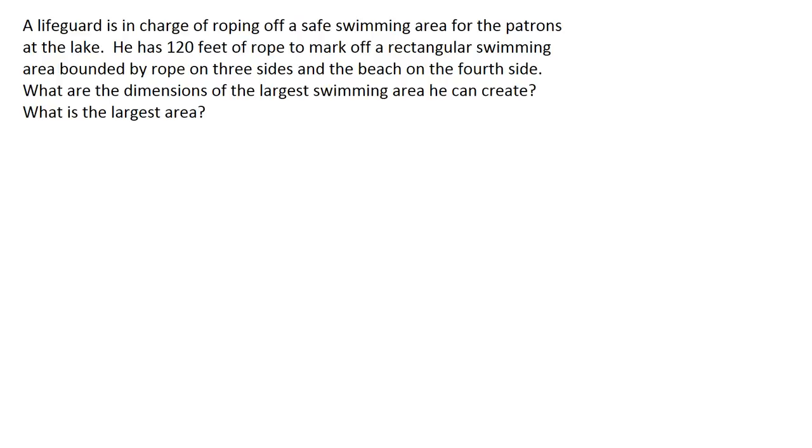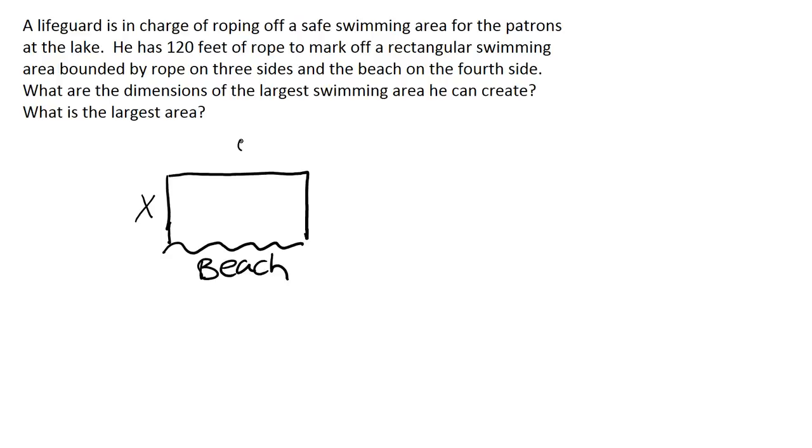Okay, so the first thing we want to do here is get a picture of what's going on. So he's going to rope off this rectangular area here, and then on this 4th side we have the beach. I'm going to call this side X, we'll call this one Y, which means obviously this side would also be X. So in this case, he has 120 feet of rope.